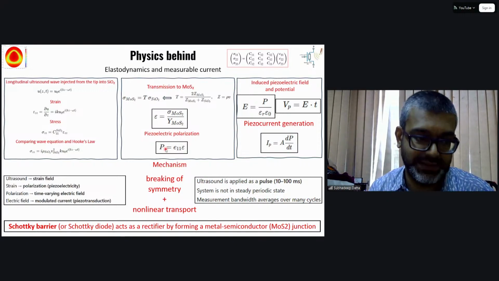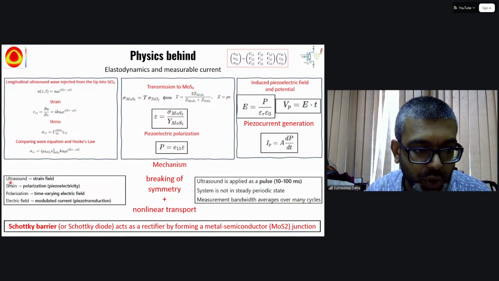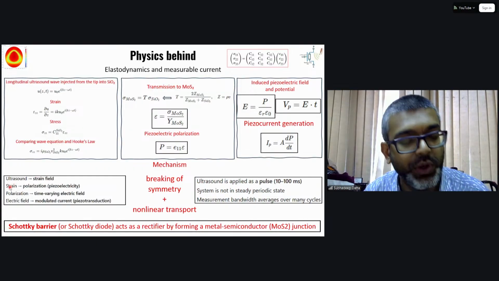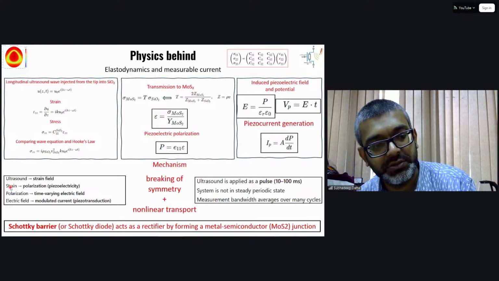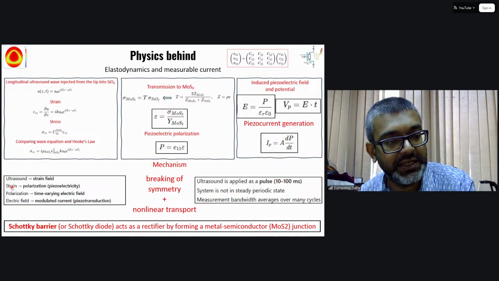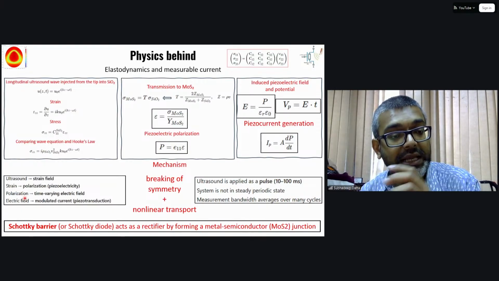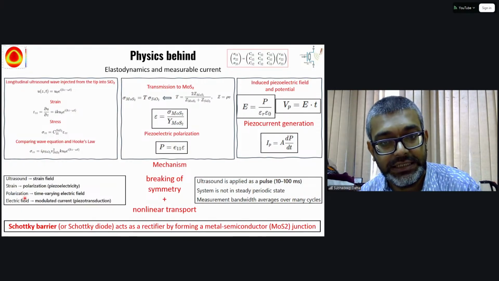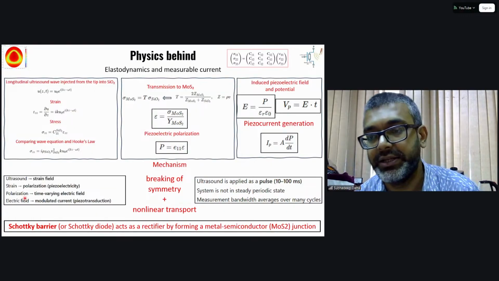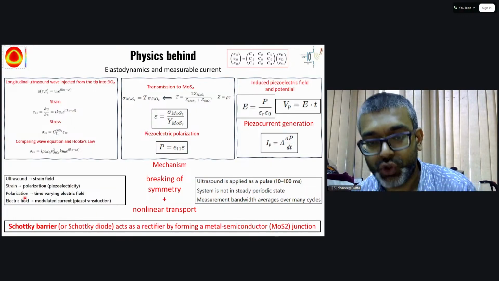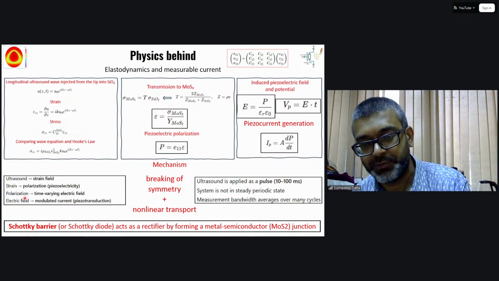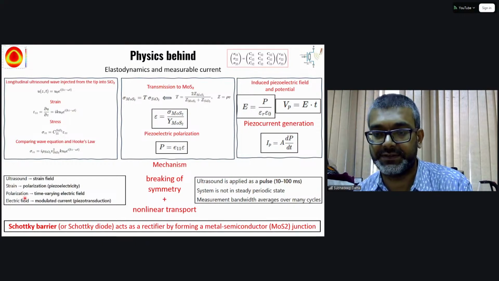So the bottom line is ultrasound will create a strain field. Strain field will create a polarization. Polarization is the source of piezoelectricity. Polarization will create a time varying electric field, and that time varying electric field will modulate the current. So breaking of symmetry and the nonlinear transport is governing this physics.